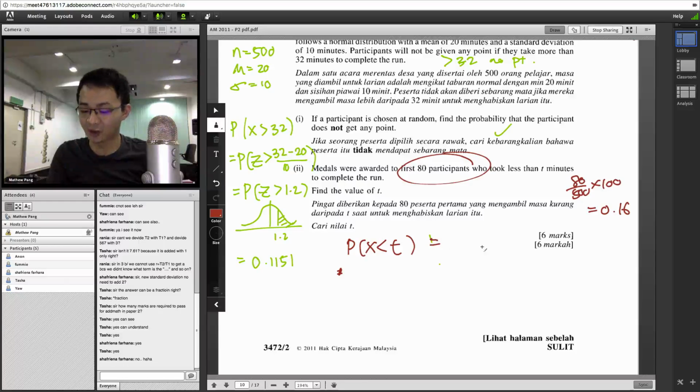So I know the probability that a participant runs less than T minutes is 0.16, because they say the first 80.